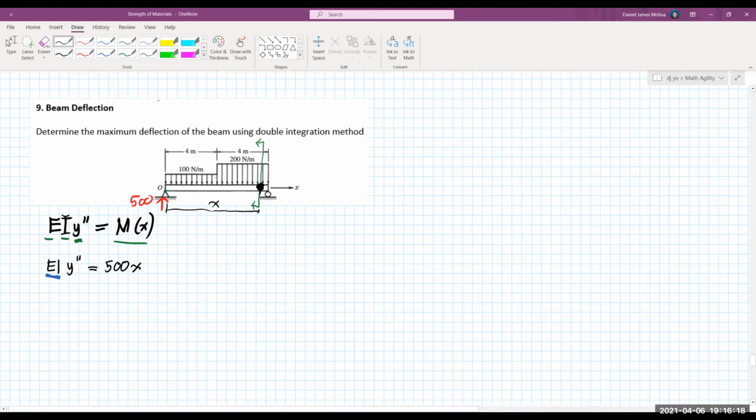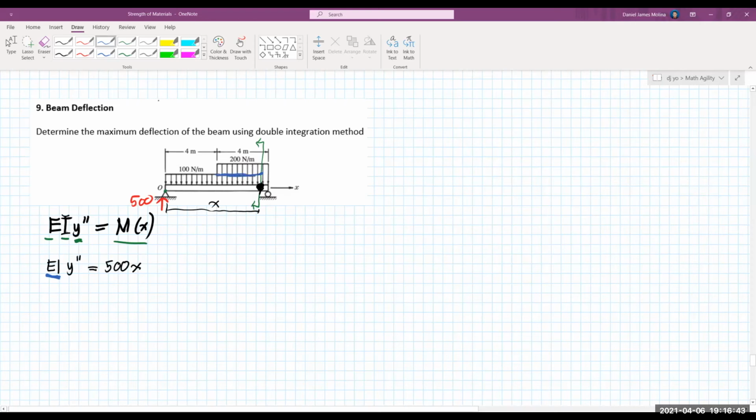Next, we have the distributed force. But this 100 newton per meter distributed force stops at the midspan. It will not be applicable to the double integration method if we stop at that point. It must be extended until the cutting plane.